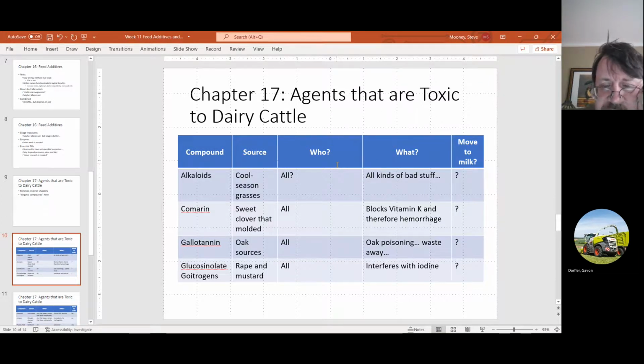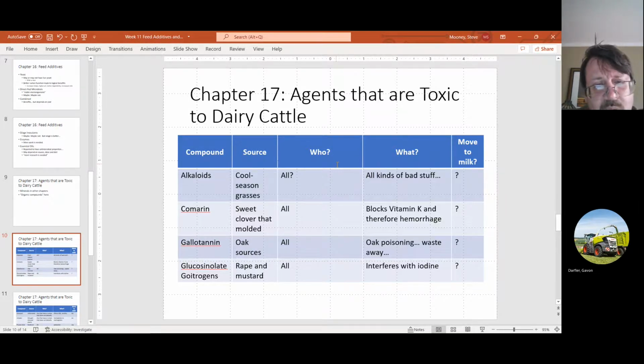Gallotannin: oak sources, leaves, nuts, bark, any of those things. With oak poisoning, the animals just seem to waste away and die slowly. Again, don't know if it moves to the milk.